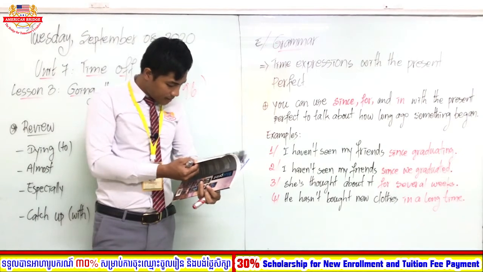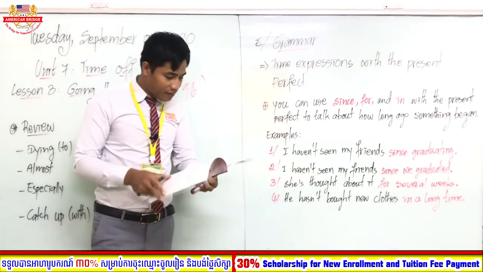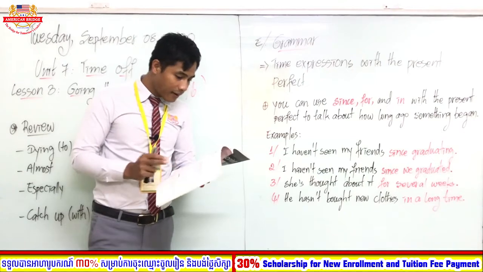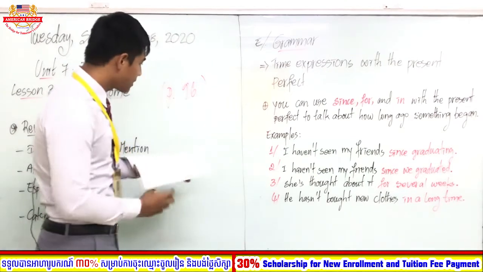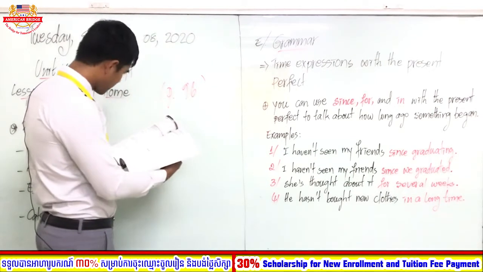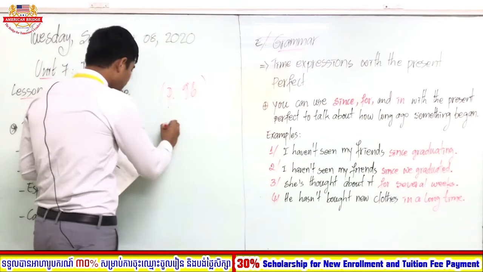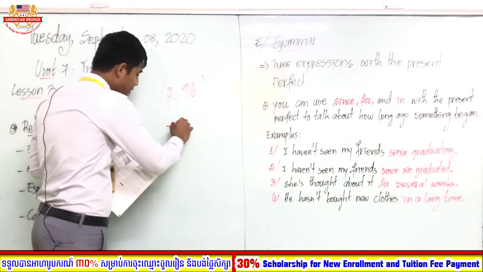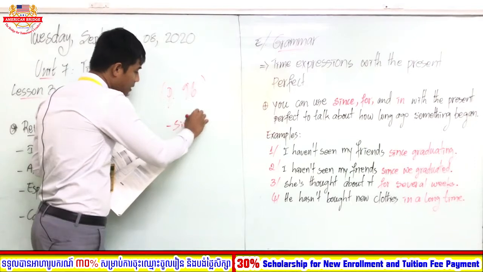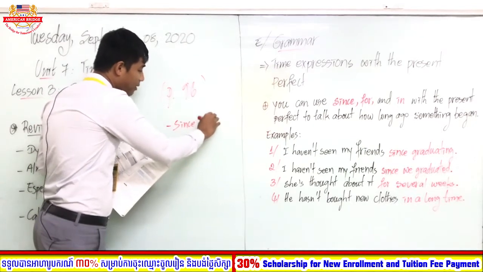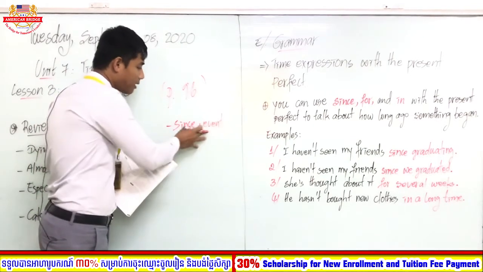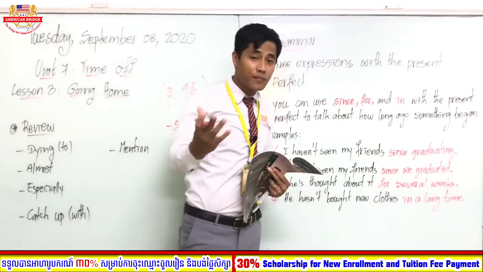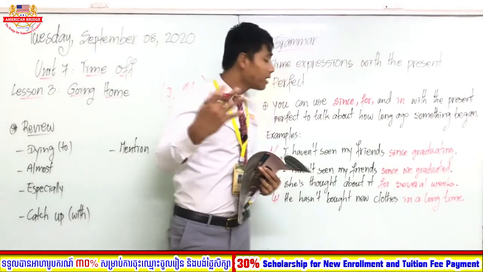So teacher would like to tell you what we use since with. Teacher will write the form, how to use since. Since plus what? Since plus event. After since it should be an event.